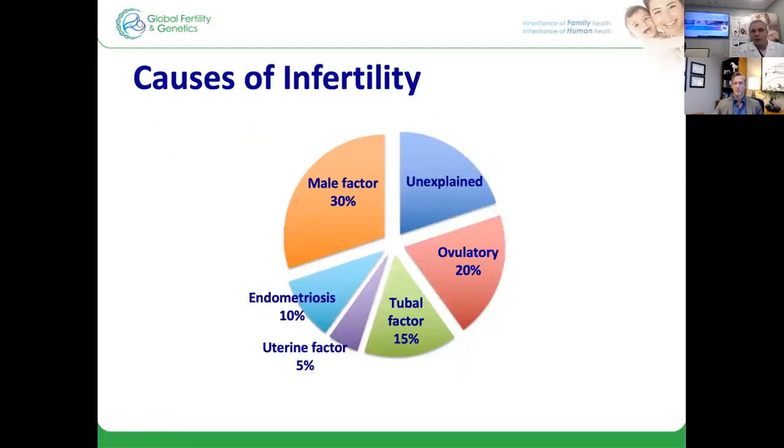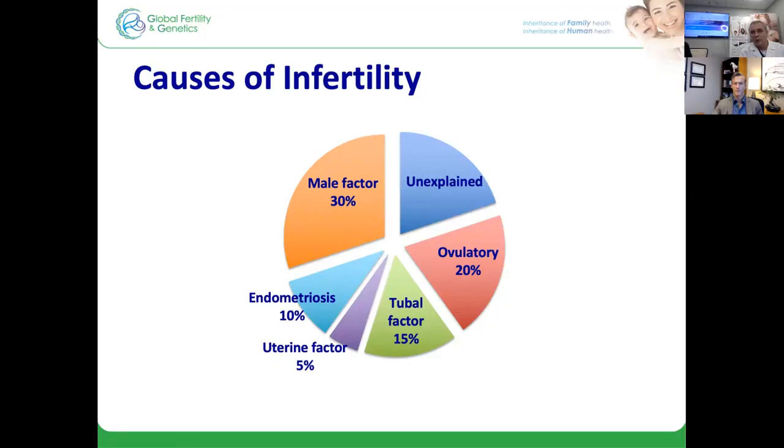These are some of the traditional causes for infertility. You can see that the sperm problems are a significant percentage of infertility patients. There are also a significant percentage, about 20%, that's unexplained infertility. This means that all our tests were normal, but still the couple has difficulty in getting pregnant.